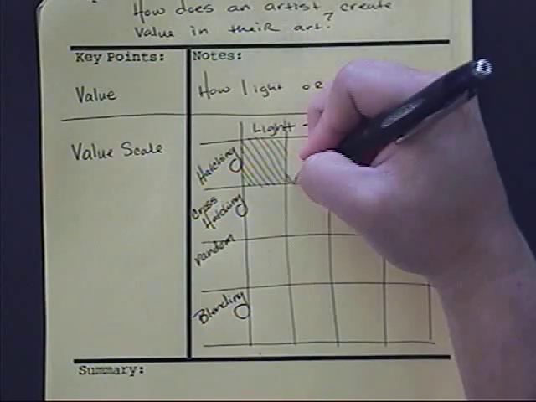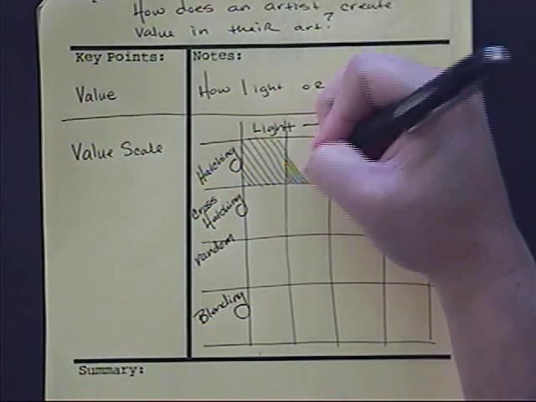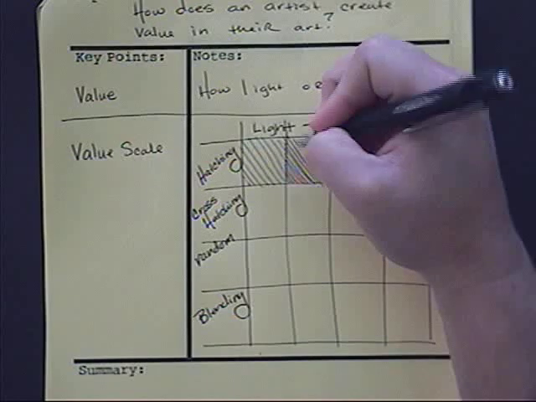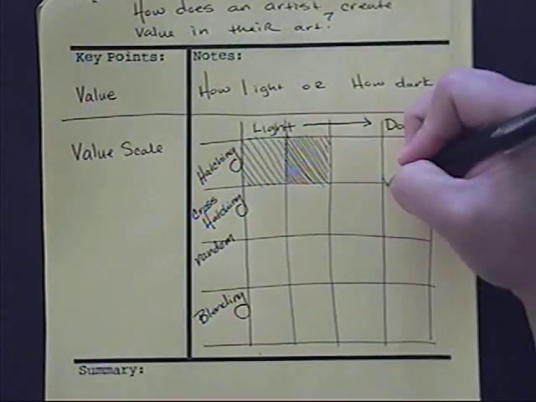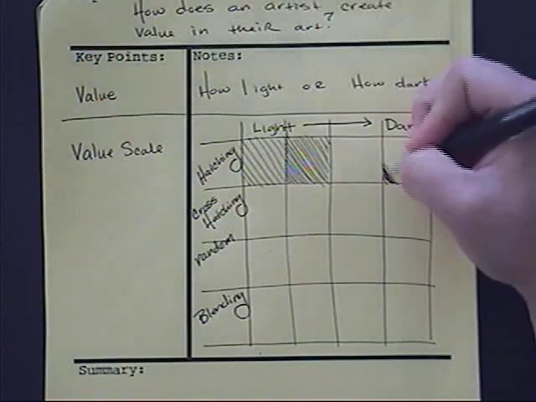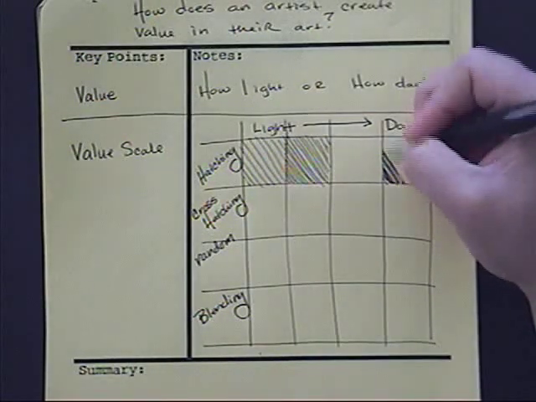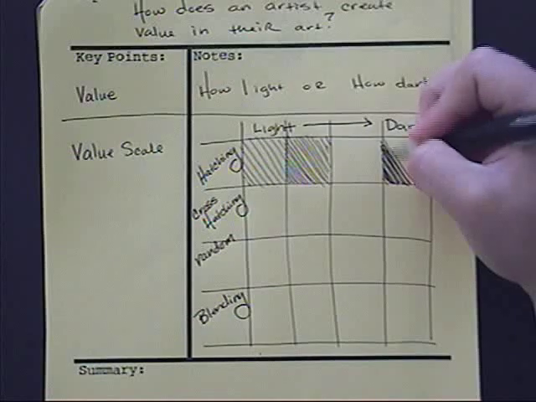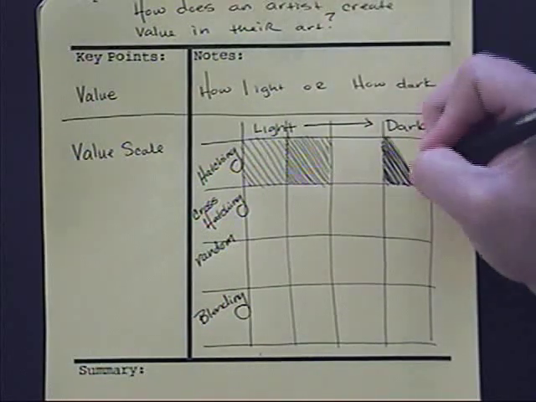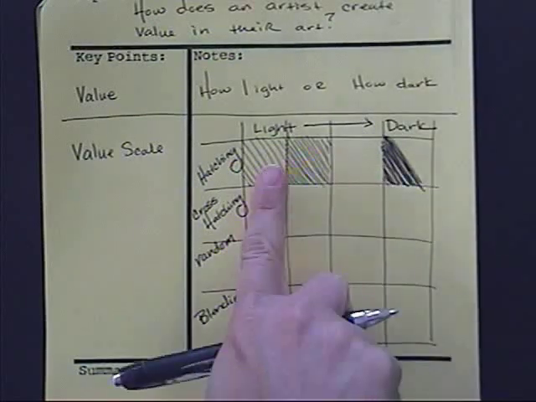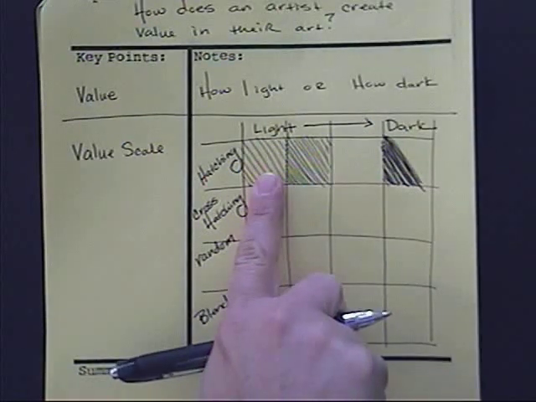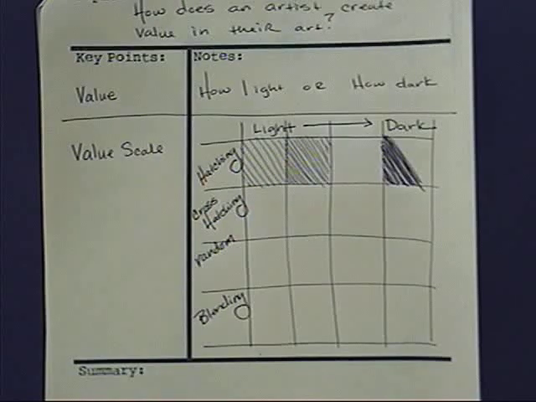As I want to increase the value, I'm going to place those lines closer to one another until I increase them so much that I get a very, very dark value. We're only trying 4 or 5 different sections. Notice I'm going over this and over this and over this, and this value is going to appear much darker than this first value. That's the same concept for all of these.